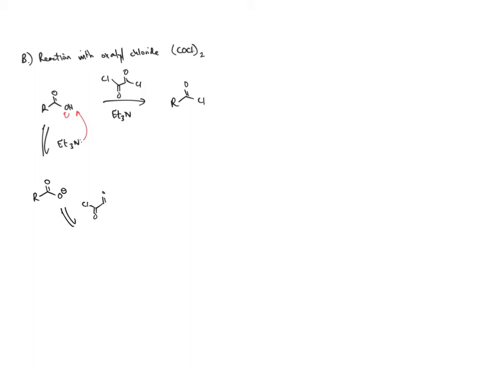Oxalyl chloride is a highly, highly reactive molecule. You have to be very careful with this. And so it's going to attack and give us a tetrahedral intermediate. Like this. We're going to collapse that tetrahedral intermediate with loss of chloride anion.